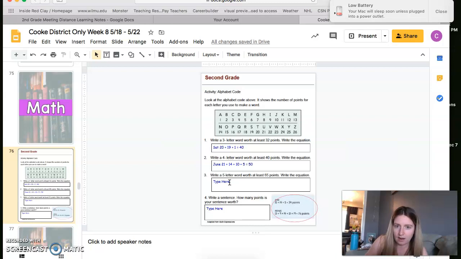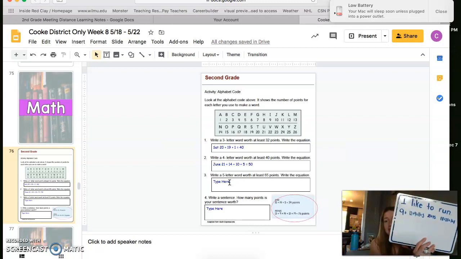Another I. K is worth 11. And E is worth 5. And then I have my word to, T-O, so 20 plus 15. Whoa, that's going to be a big number. Then run, R is worth 18, U is worth 21, and N is worth 14.